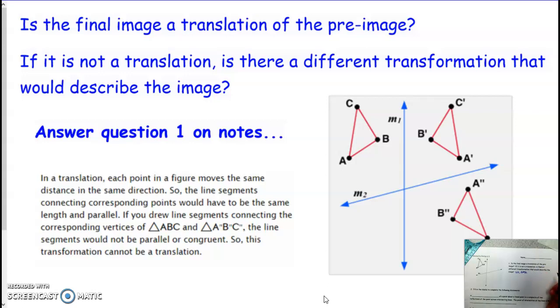And if you'll remember, if it's turned, that's what we call a rotation. So I just put no, triangle ABC is rotated to triangle A double prime, B double prime, C double prime, and that should have a triangle symbol there.